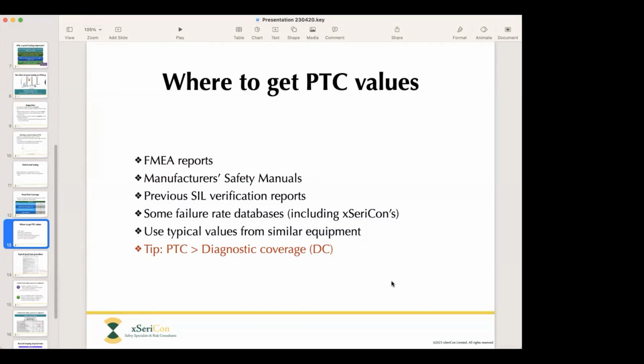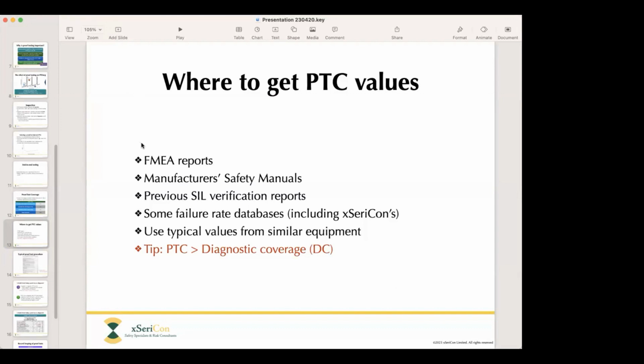But again, I will mention my same warning from before: it's not uncommon, unfortunately, to see a value of 1 assumed across the board for proof test coverage, which is incorrect and over optimistic. So if you see that the SIL verification report has done that, then please do not follow suit, but check what the value should be for yourself.